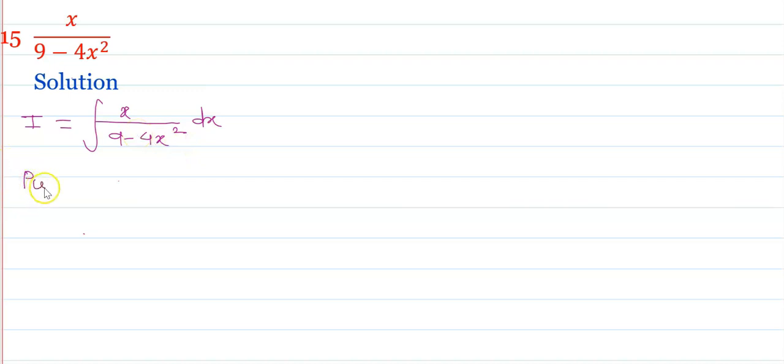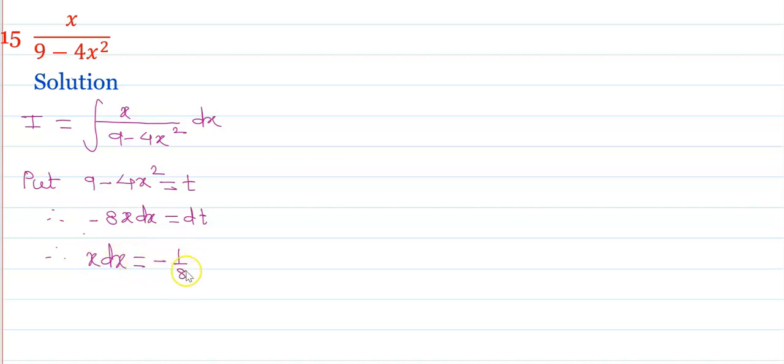Put 9 minus 4x square is equal to t, and therefore its derivative, the derivative of the constant is 0, minus 8x into dx is equal to dt. Therefore x into dx is equal to minus 1 upon 8 into dt. This is the first one.